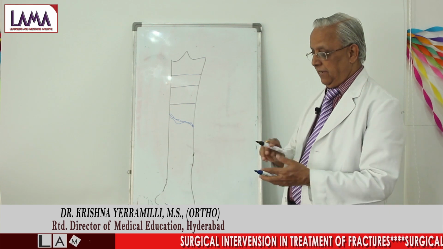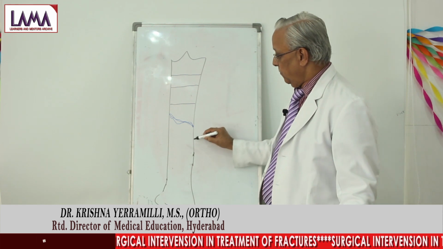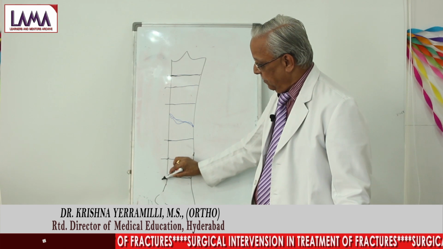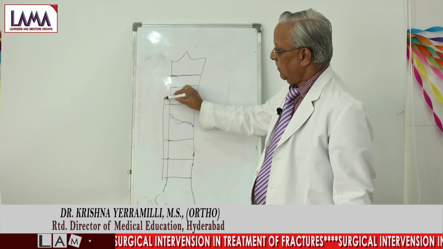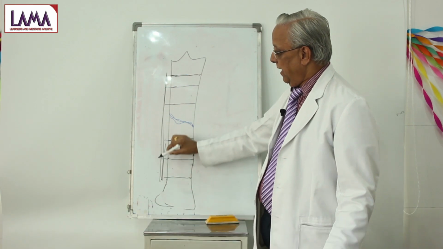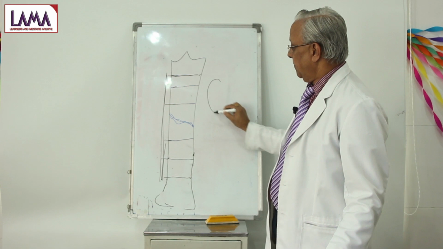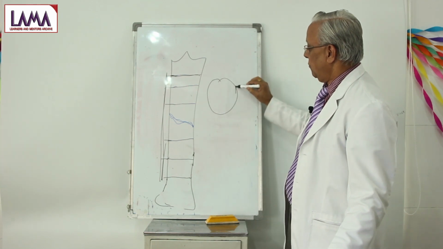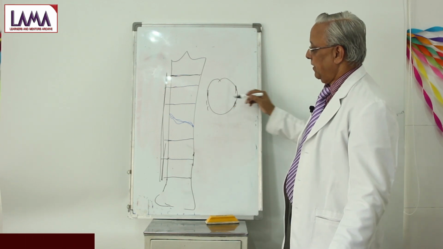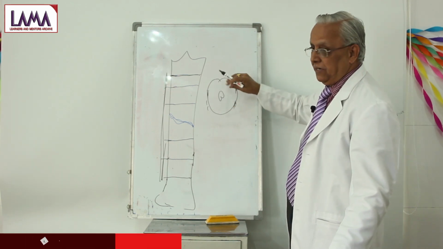Here again we keep, as all the pins come out, a rod is passed through and through like this, and these have got clamps like this with holes here through which the rods are passed, and then there is a clamp here which can be tightened.